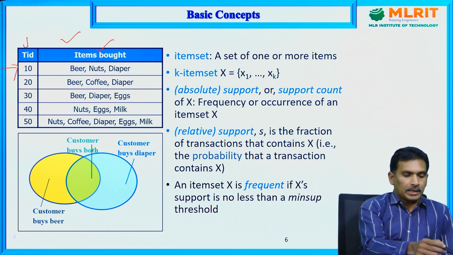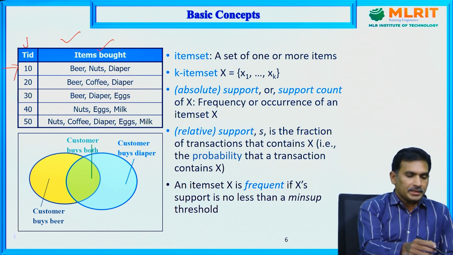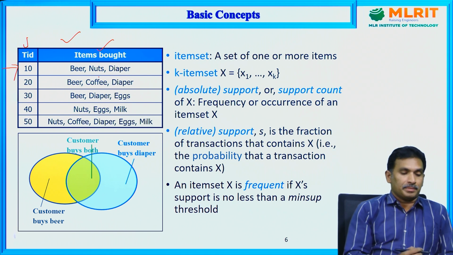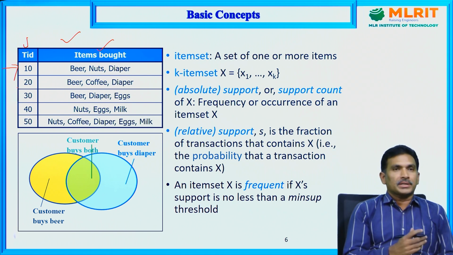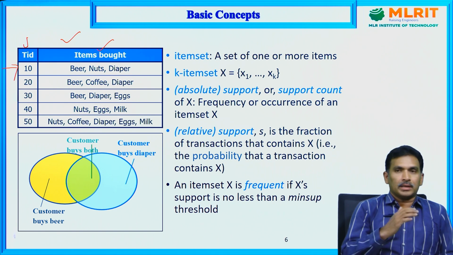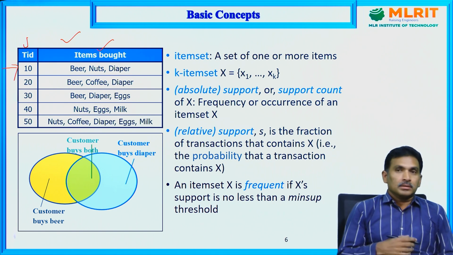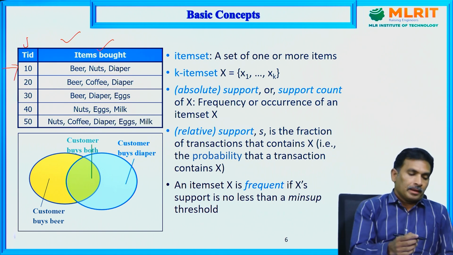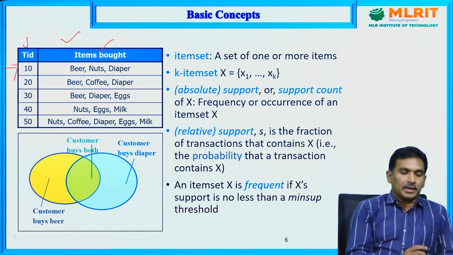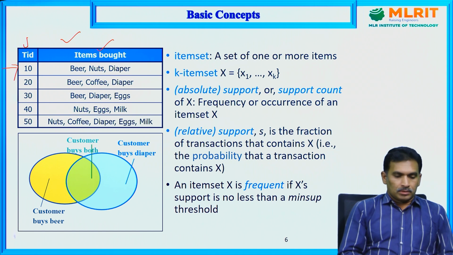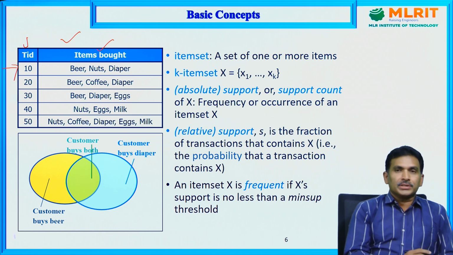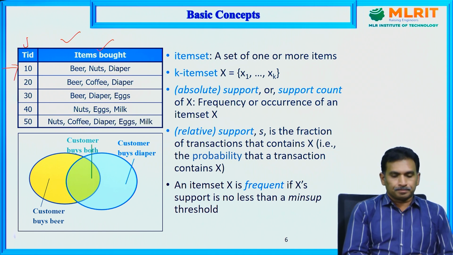Similarly, the second transaction, ID 20, is done by another customer, who purchased three items: beer, coffee, and diaper. Similarly, the rest of the transactions.